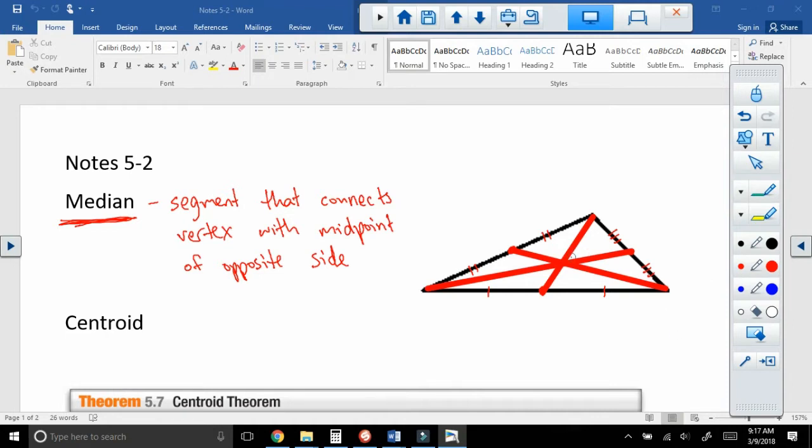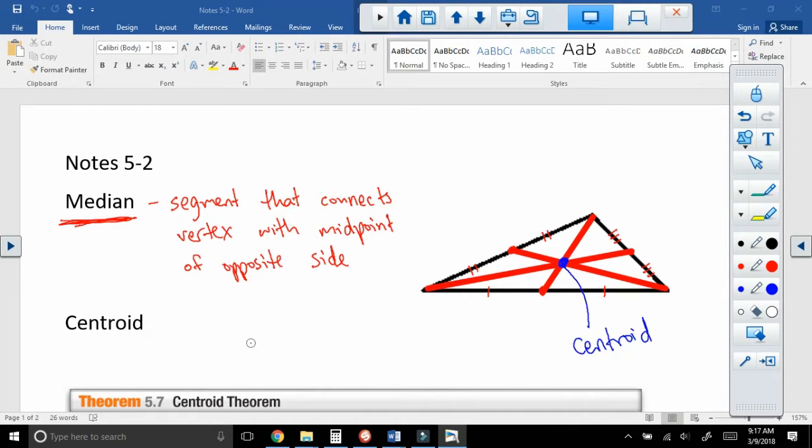What do you notice about where all these lines meet? It's smack dab at one singular point, and that one singular point where all the medians meet is called the centroid. So it's a point of concurrency. The point of concurrency is just where all of the lines intersect, where all of the lines meet.